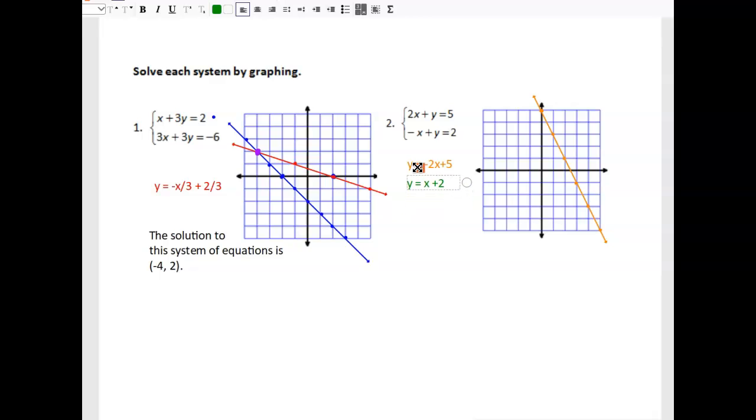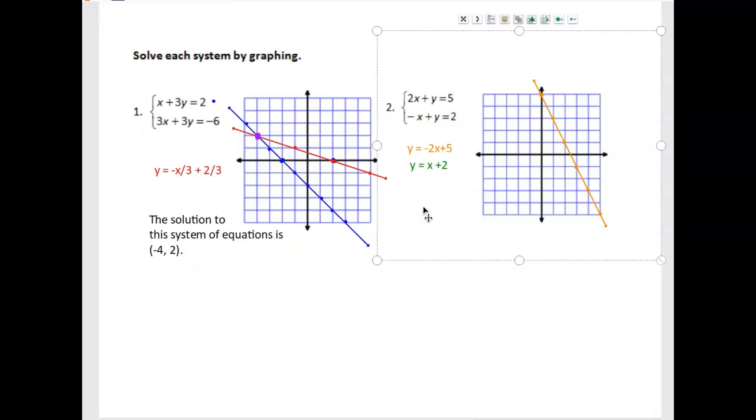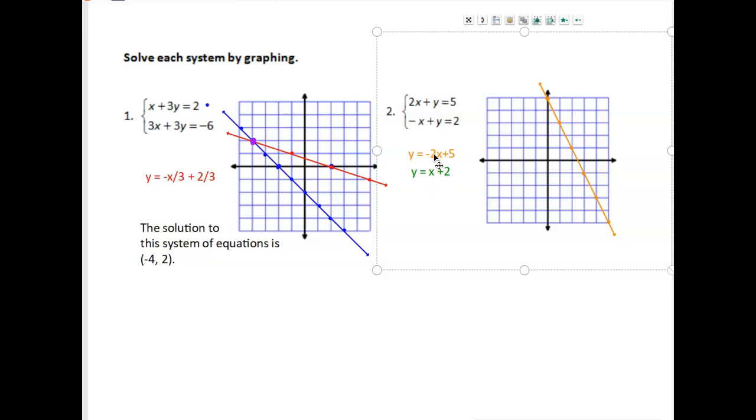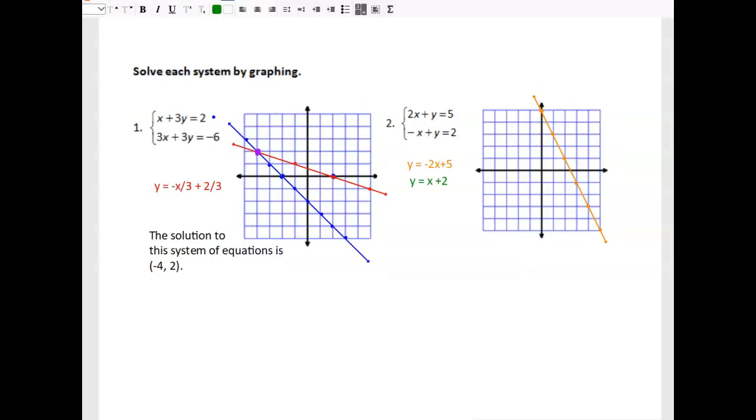So we can just see, even comparing the two equations side by side, that the slopes are different, the y-intercepts are different. So when the slopes are different and the y-intercepts are different, then I know right away that this is an independent system of intersecting lines that will have one solution.